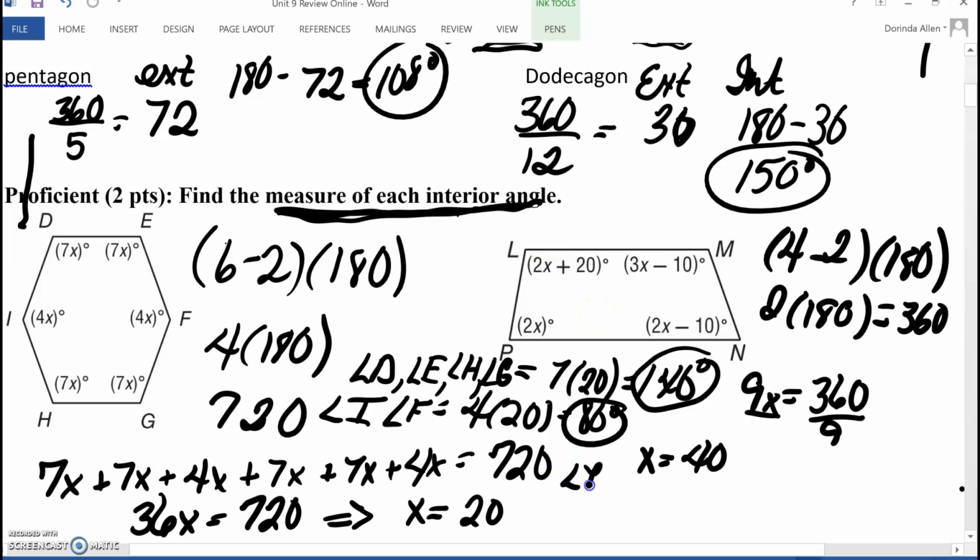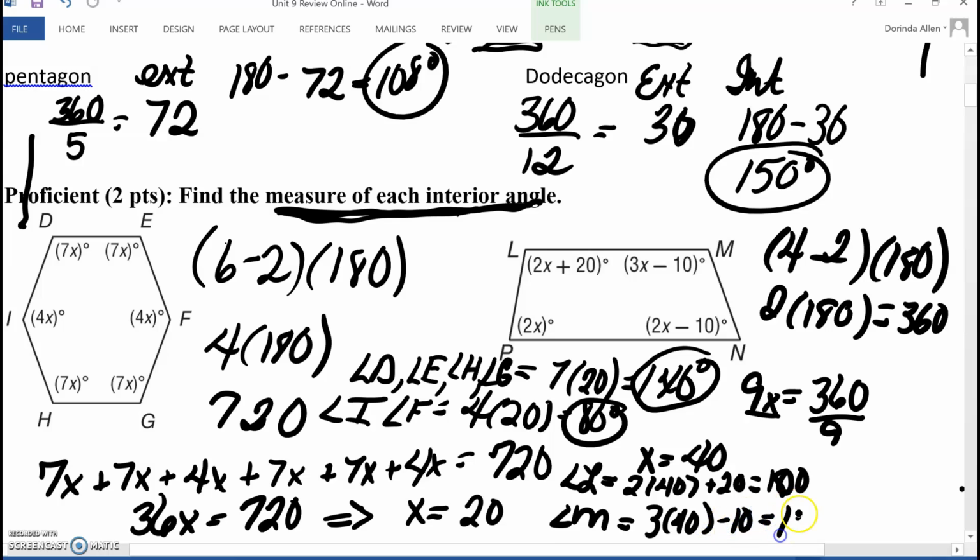So angle L equals 2 times 40 plus 20, which is 100. Angle M equals 3 times 40 minus 10, 110.